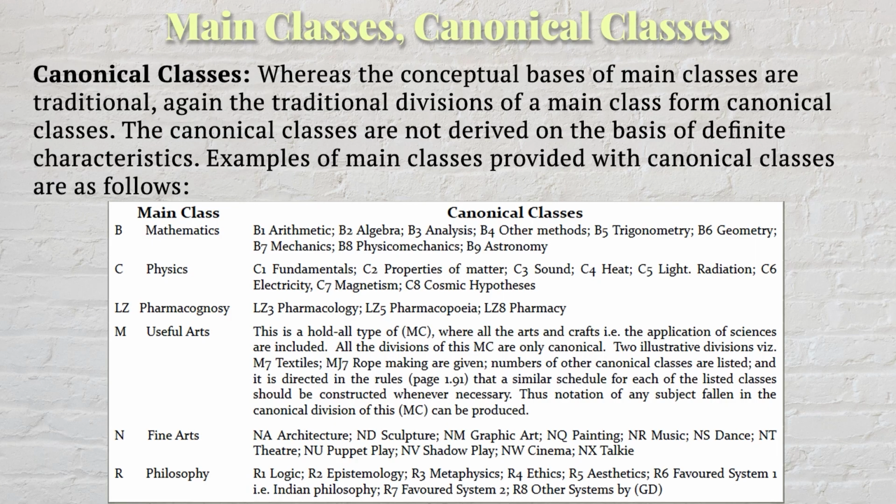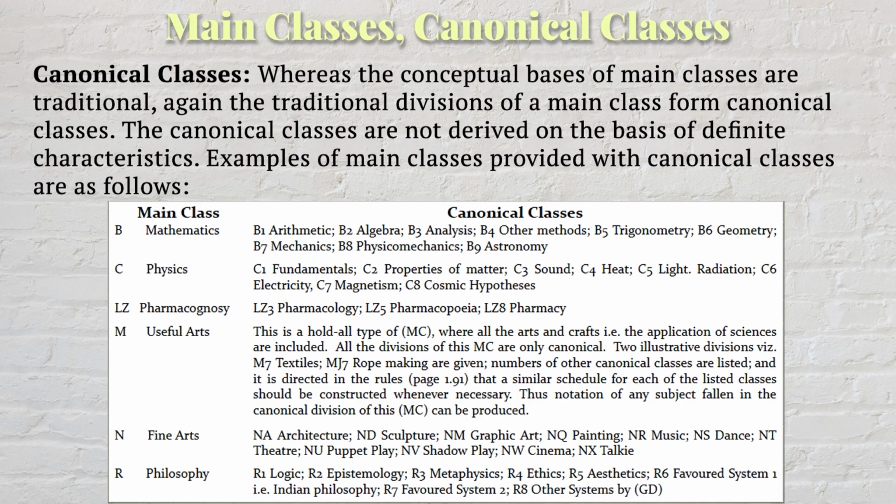Useful arts is a hold-all type of main class where all the arts and crafts, that is the application of sciences, are included. All the divisions of this main class are only canonical. Two illustrative divisions, namely textiles and rope making, are given.